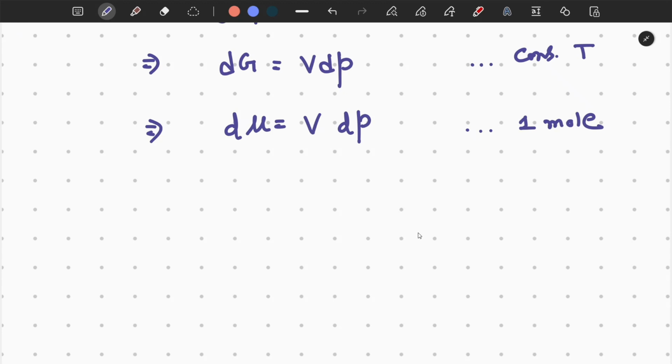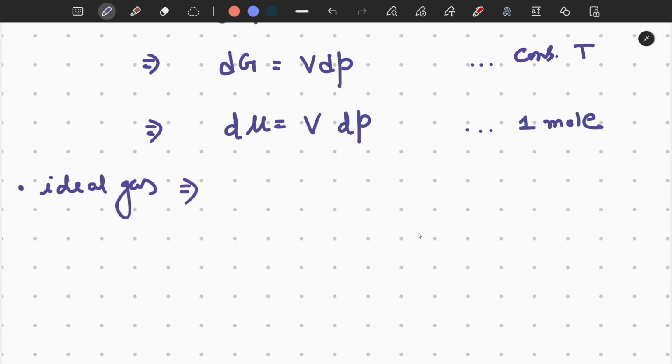This is the general equation, valid for ideal gas and non-ideal gas both, because as long as we are not using the ideal gas equation, the equation is general. Thermodynamics equations can be applied for any case, any situation. This is not only for gas, it is for liquid, solid, for everything.